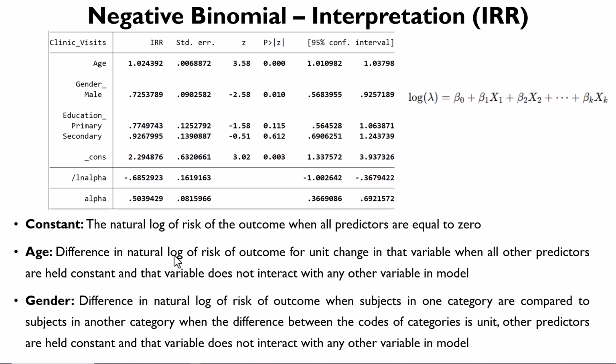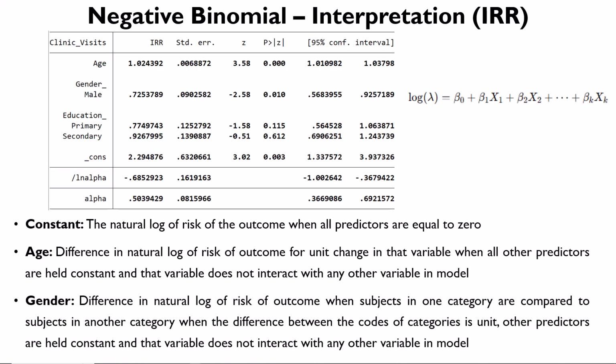Even for gender, we would say that is the difference in the natural log of risk of outcome when subjects in one category are compared to subjects in another category, when the difference between the codes of categories is unit and there is no interaction and all the other variables are held constant.